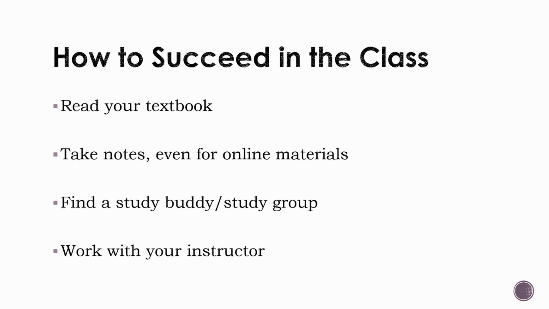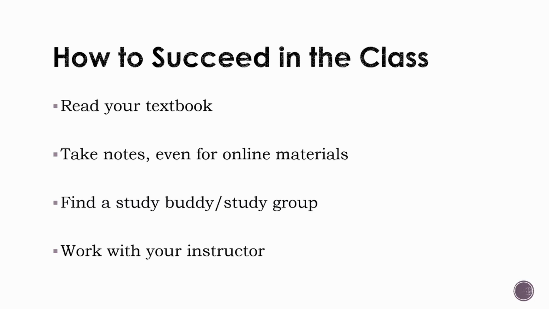And then lastly, work with your instructor. Like I mentioned, I'm one of your greatest assets in this class. I'm a wonderful resource. Don't ignore that resource. If you're having trouble with something, talk with me. We can work something out. If something's going on that's preventing you from getting to class or doing your work, talk to me.